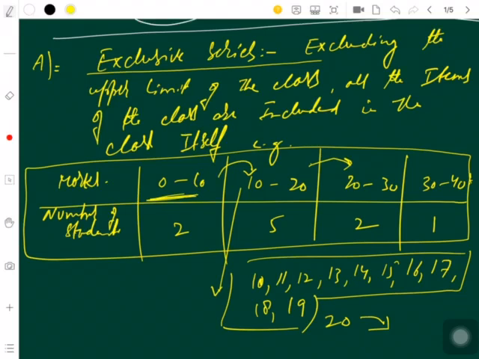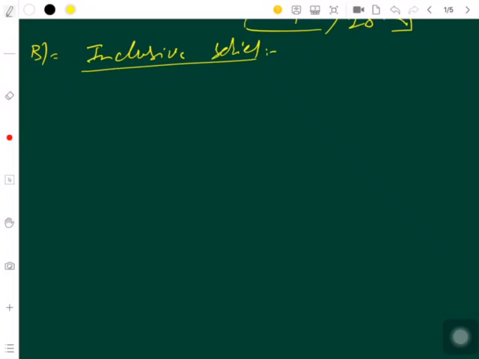One more is called the inclusive series. Okay, dear students, please bear it in mind. We ask a question sometimes: convert this exclusive series into inclusive series, or what is exclusive series, what is inclusive series.